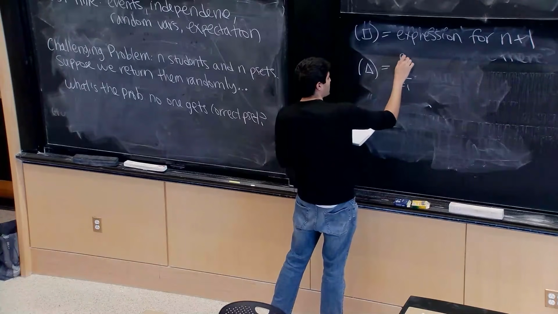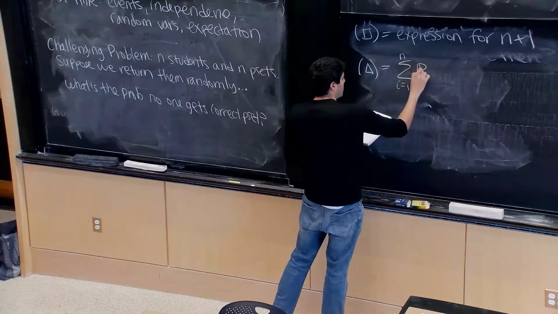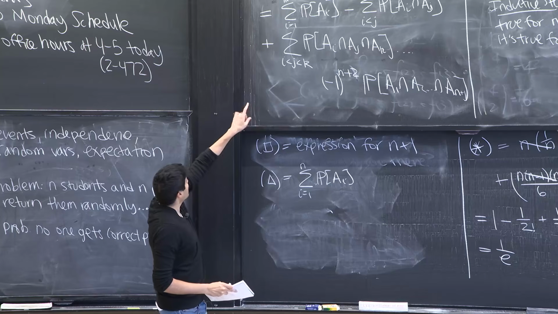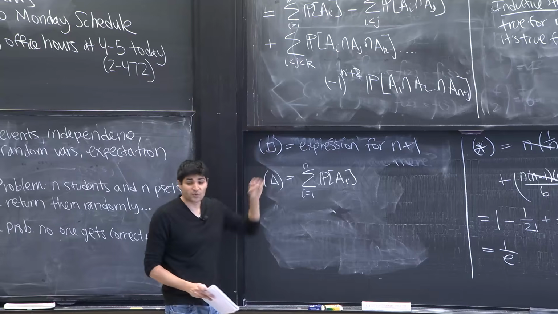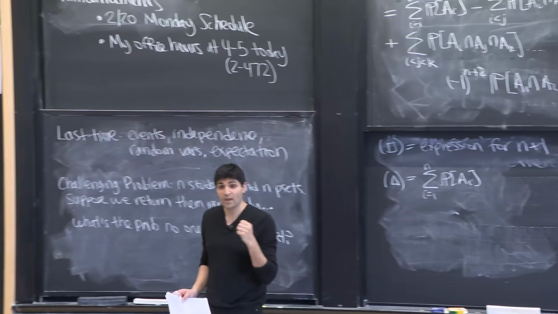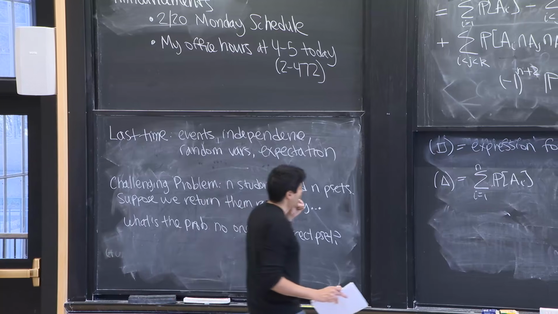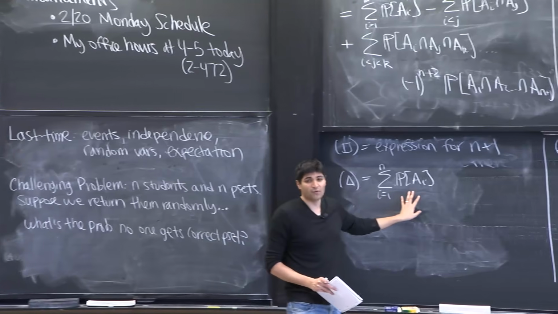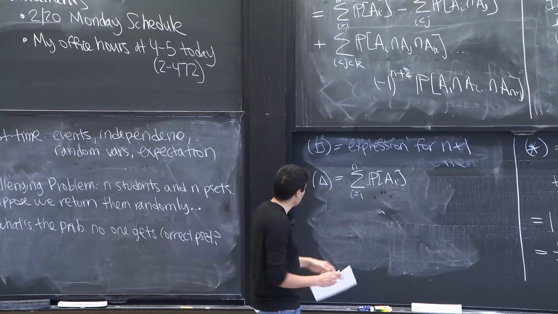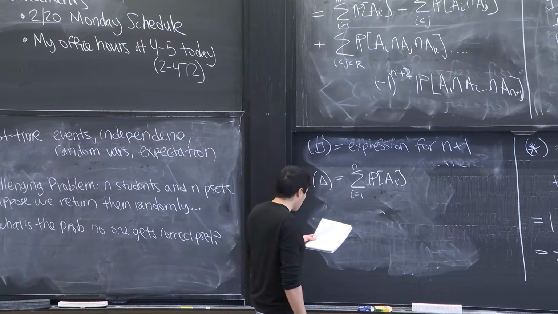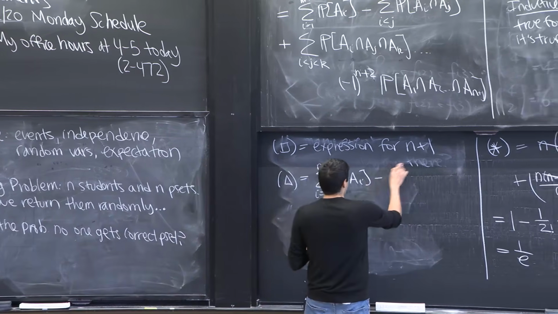So if I look at the sum from i equals 1 to n of the probabilities of all these A_i's, you can see that in my expression for n plus 1, I'm just removing the probability of A sub n plus 1. I'm just removing that term, and I'll only keep the terms that don't involve the n plus 1. And then I have some terms here for the pairs, but my pairs only involve things up to n.